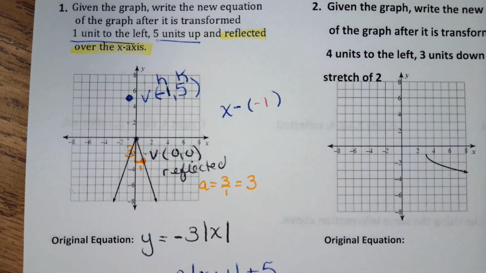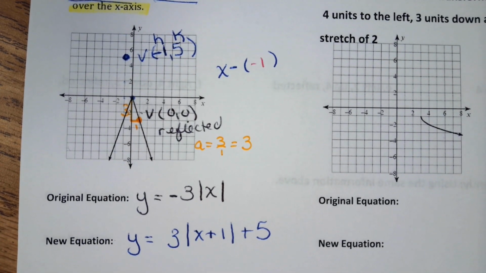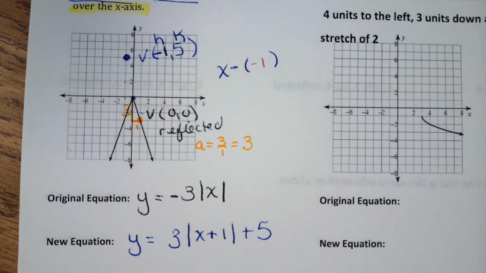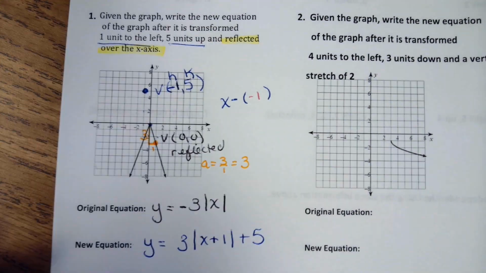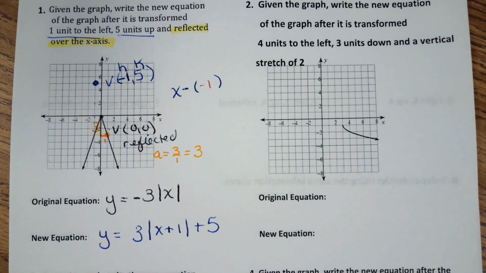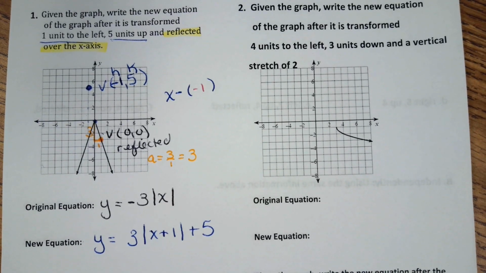So do I need to put that negative right there, or does it stay positive? It stays positive. Okay, so that's all we're doing. Notice I didn't try to regraph the whole thing. I just focused on that important point, either the vertex, the initial point, or the point of inflection.